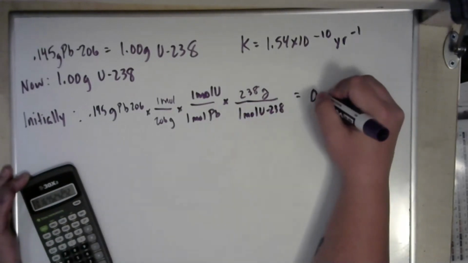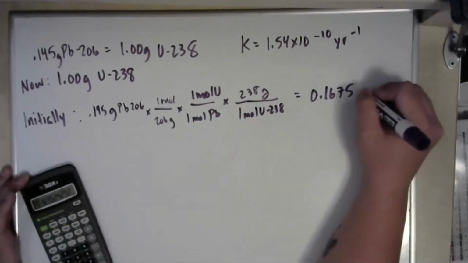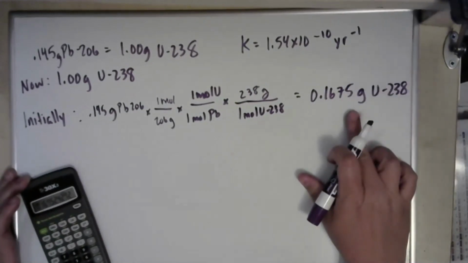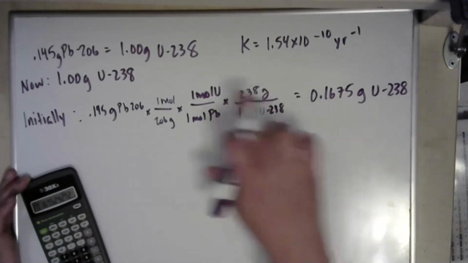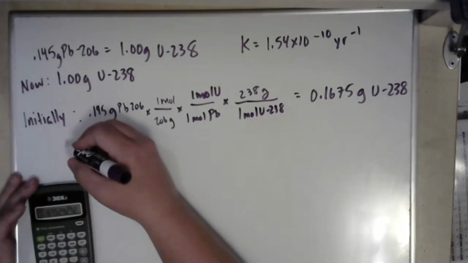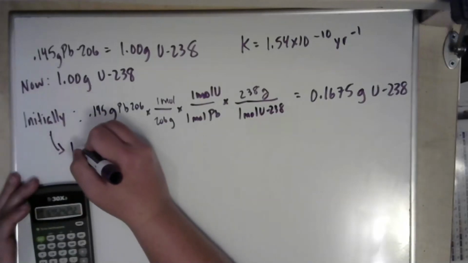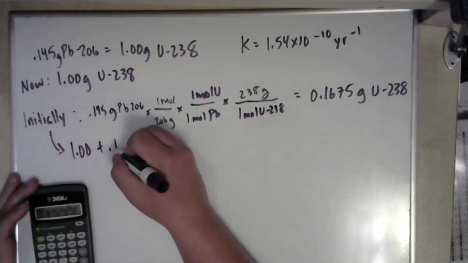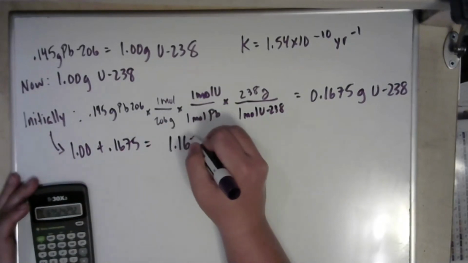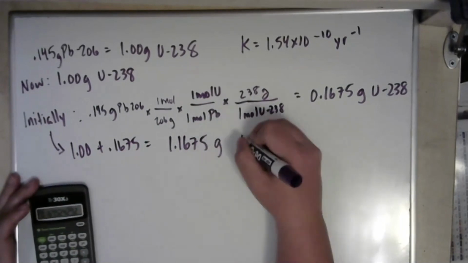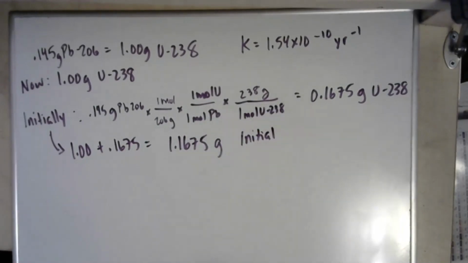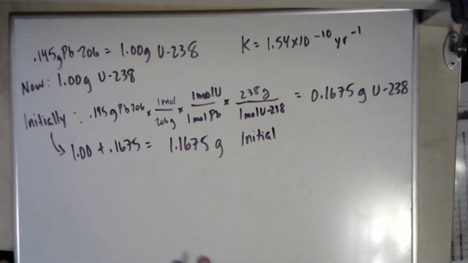So we're going to end up with 0.1675 grams of uranium-238 that eventually converted into lead-206. So our initial amount is going to be 1 plus 0.1675. That's how much uranium-238 we had initially.